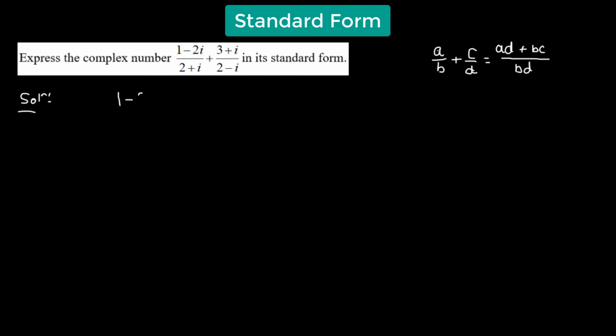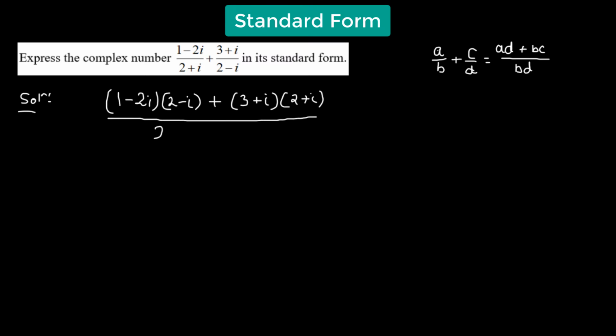So we have (1 − 2i) multiplied to (2 − i) plus (3 + i) multiplied to (2 + i), divided by (2 + i) times (2 − i).